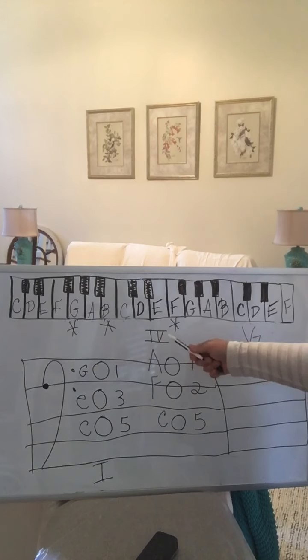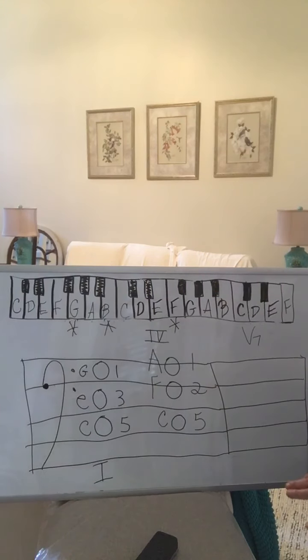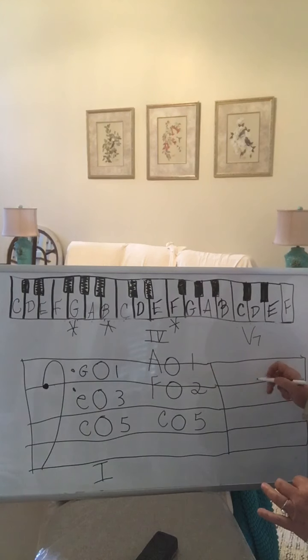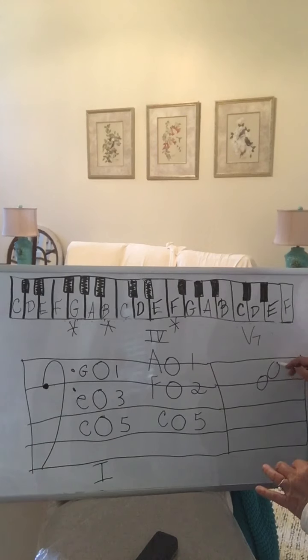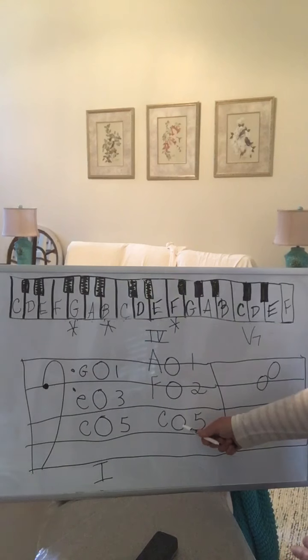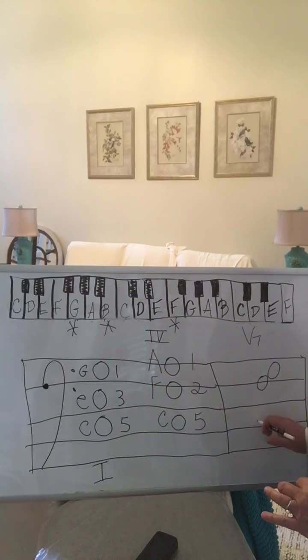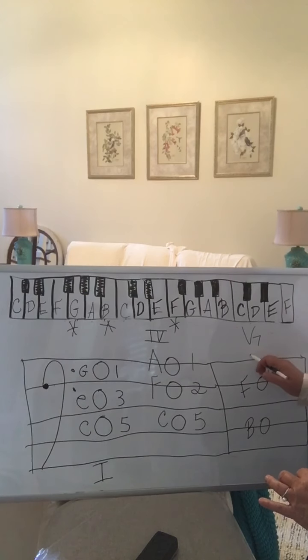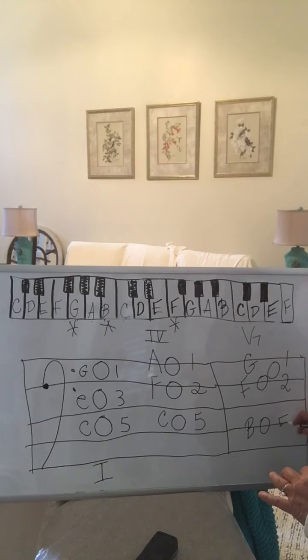When you have your number 4 chord, you had a C, an F, and an A. Well, for the 5-7, we're going to play that same F, but we're going to play the G beside it, and we're going to have to move our pinky down from C to the B. Okay, so there's my B, there's my F, and there's my G. And the numbers are 1, 2, and 5.